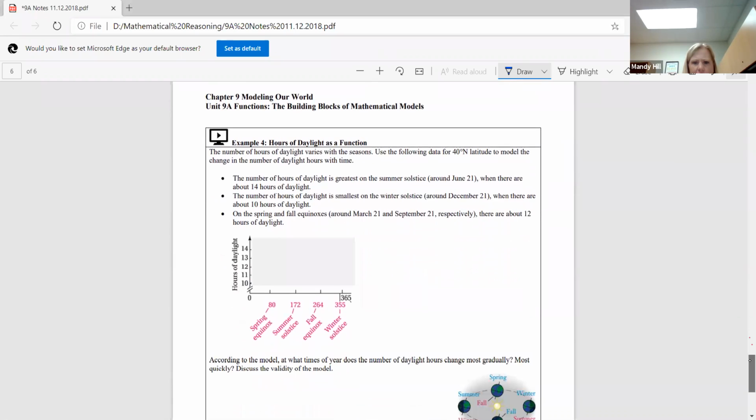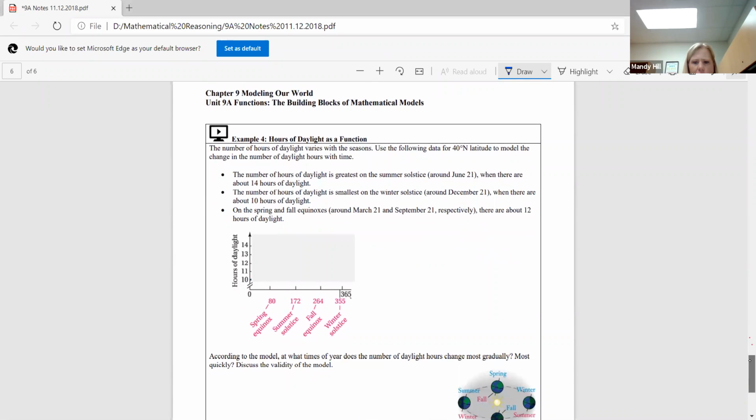Use the following data for 40 degrees north latitude to model the change in the number of daylight hours with time. So it says the number of hours of daylight is greatest on the summer solstice around June 21st, when there are 14 hours of daylight.